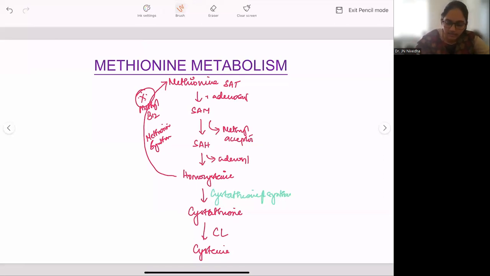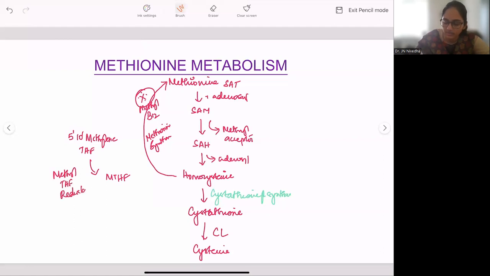So now we have 5,10 methylene tetrahydrofolate getting converted to methyl tetrahydrofolate. And which enzyme converts this? It is methyl tetrahydrofolate reductase enzyme.